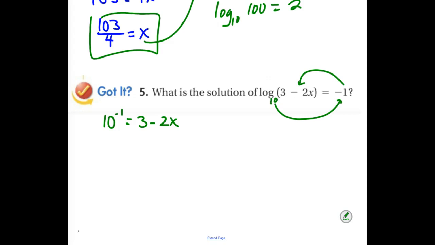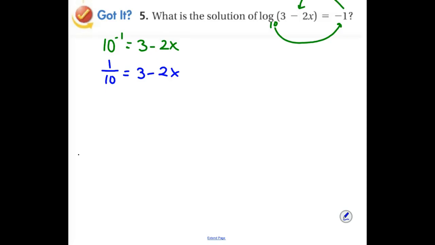What is 10 to the negative 1? 1/10. So we have 1/10 equals 3 minus 2x. Then what would we have to do? Subtract the 3. If we have 1/10 or 0.1, we subtract 3, we're in the hole 2.9.